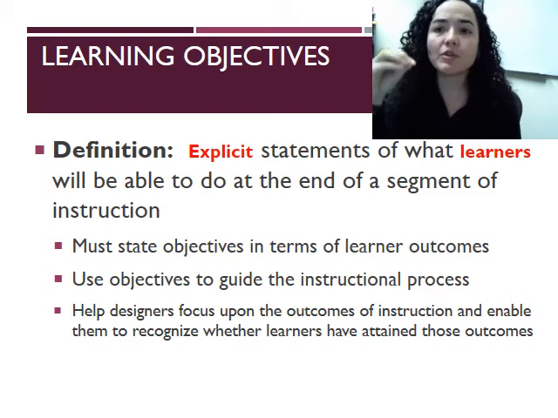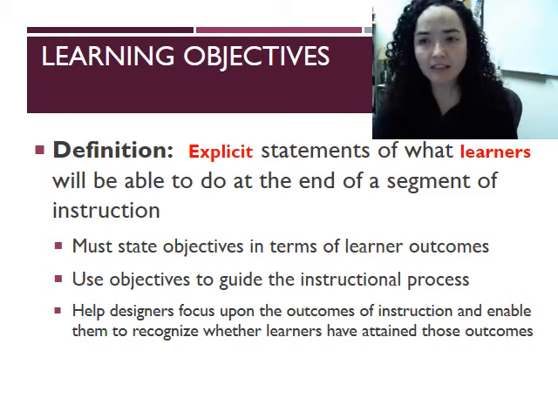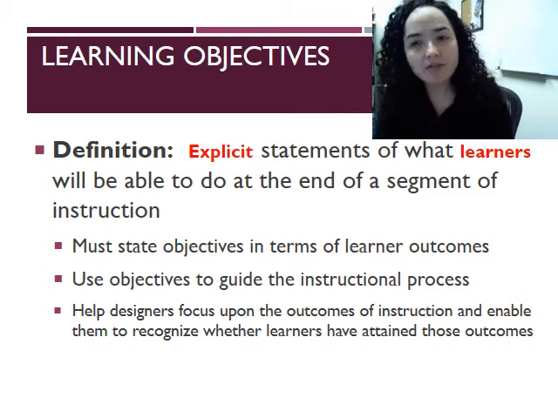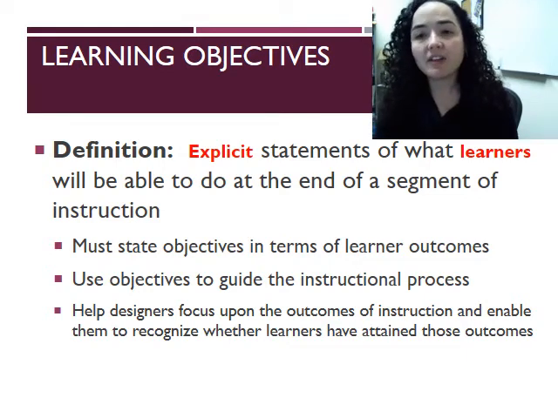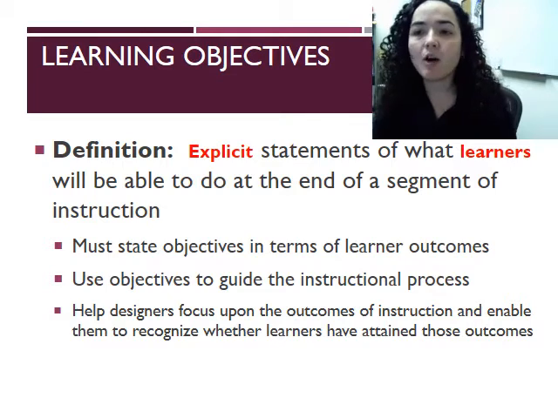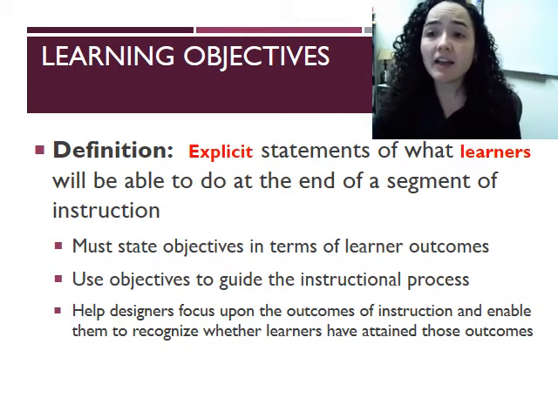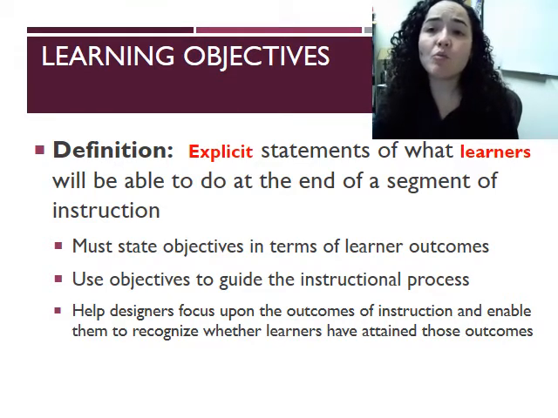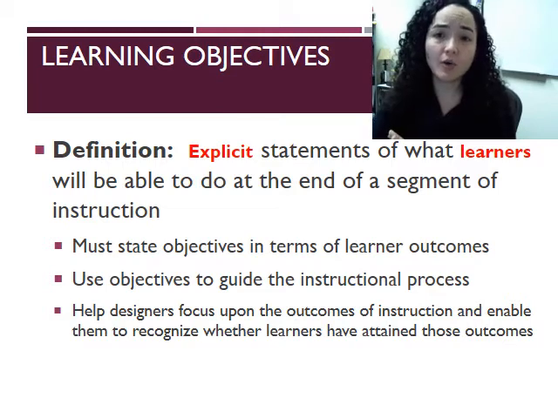So these objectives, when you are writing them in this format, can be really effective, more effective than just a statement of what you are going to do, because they can really help you design and develop where the instruction is going to go.